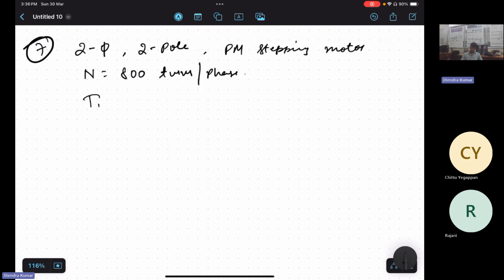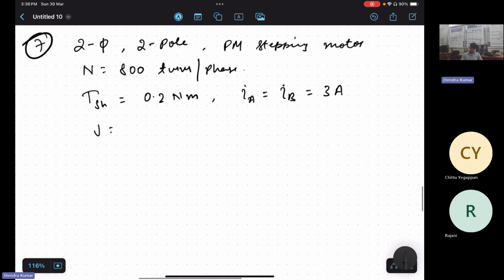Loaded with external torque, shaft torque is 0.2 Newton meter. Rectangular waveform, IA, IB is equal to 3. I hope by now you must have guessed which question is repeated. Inertia is changed to 1 into 10 to the power minus 4 kg meter square.